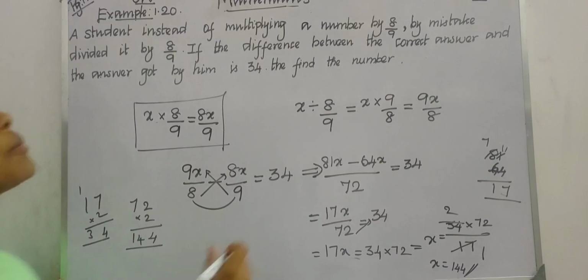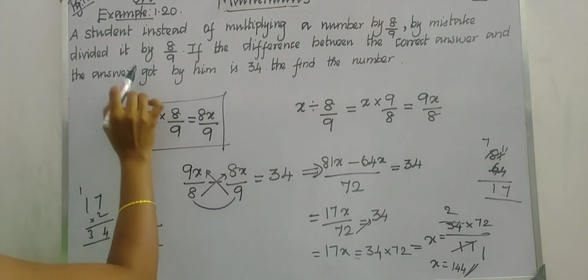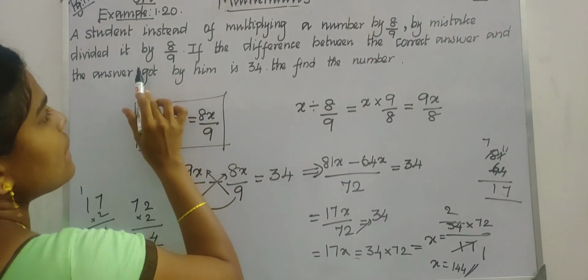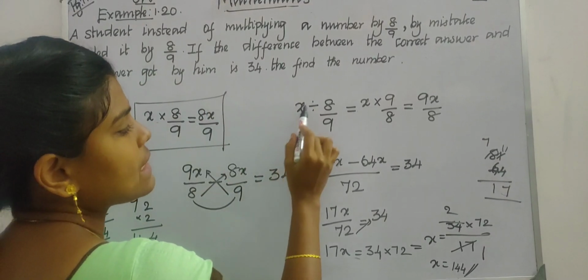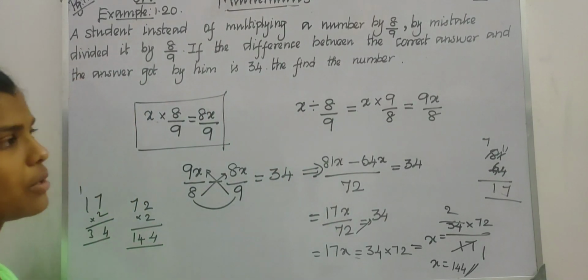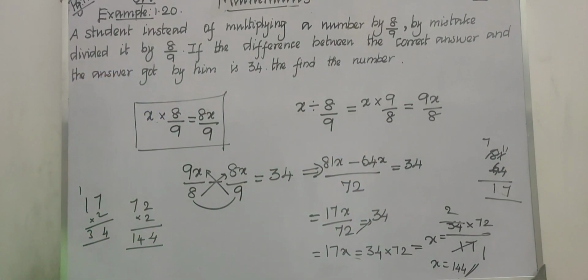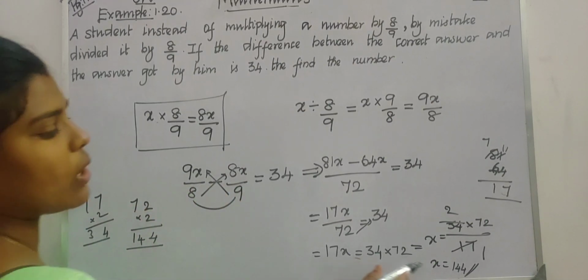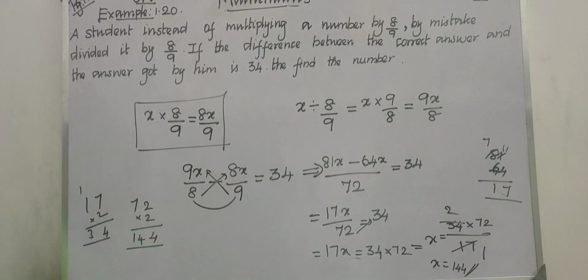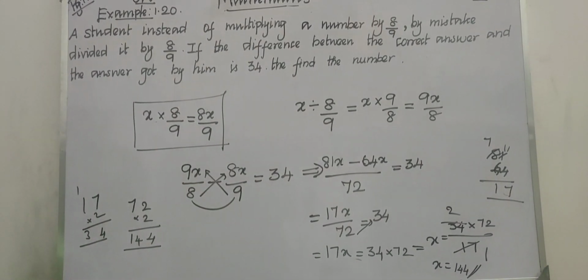But by mistake he divided by 8 upon 9, x divided by 8 upon 9, so we got 9x upon 8. So we need to find x, right? While solving by using the cross multiplication method, we got the answer as x equal to 144.